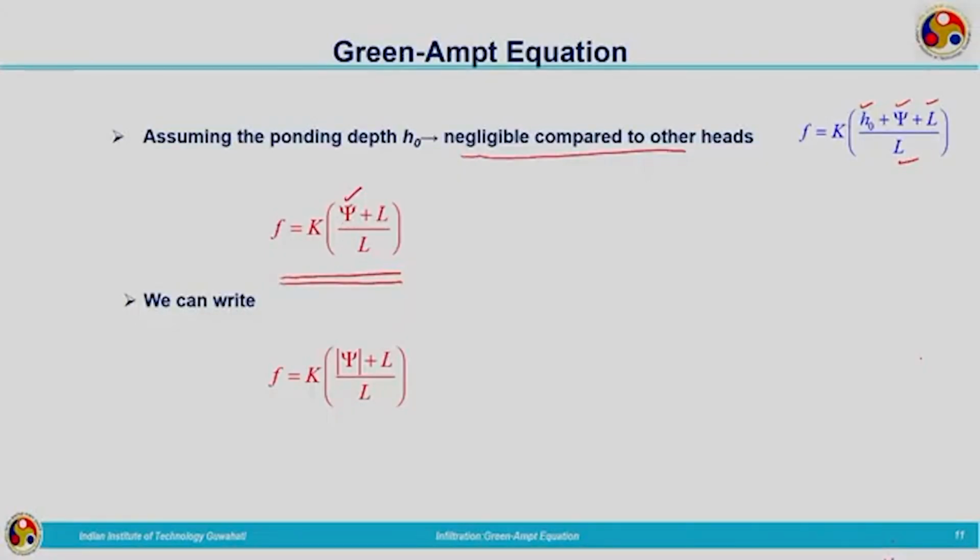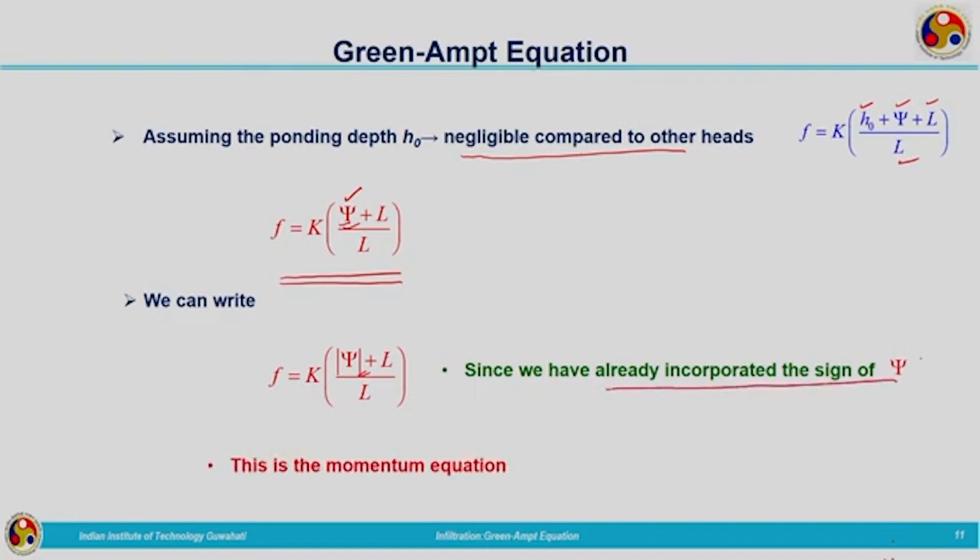In order to avoid confusion further, we are putting the mod sign to substitute the value without sign, since we have already incorporated the sign of psi while deriving the equation. This is our momentum equation.